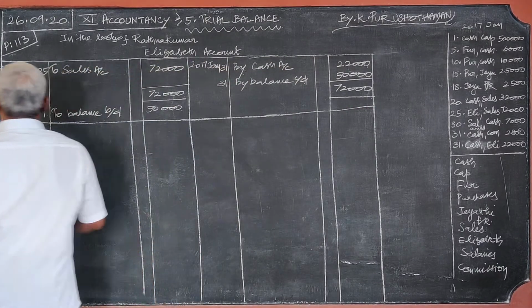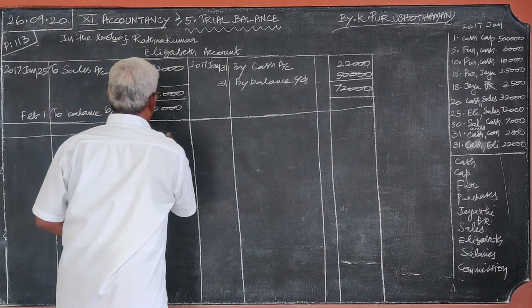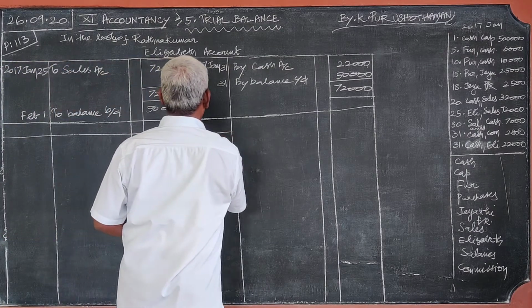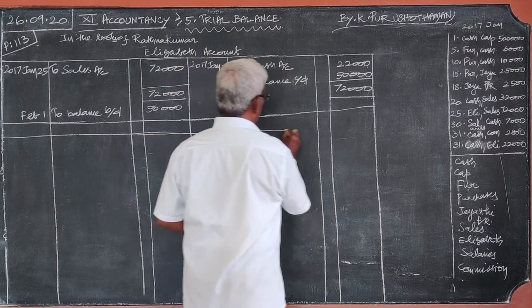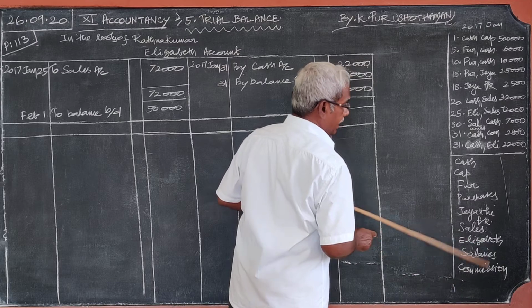Then, the next ledger, after Elizabeth account, the next account is salaries account.